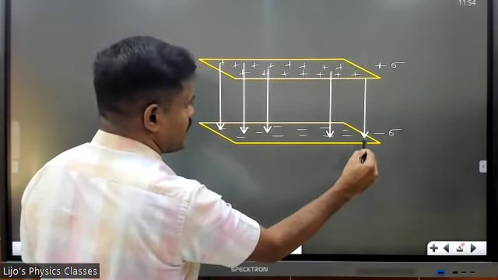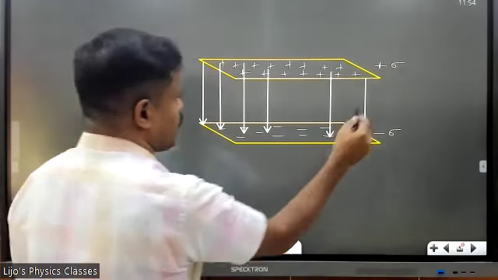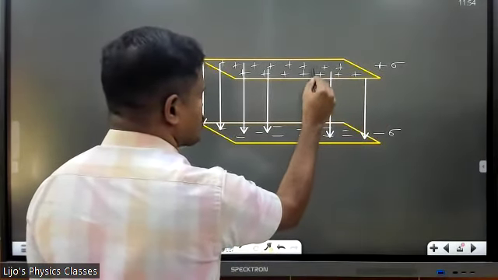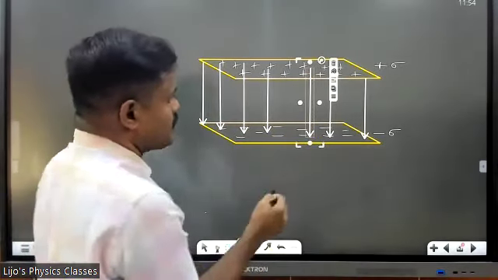Just imagine raindrops are falling down. The electric field lines are coming straight from top to bottom like this. Hope you understood this part.